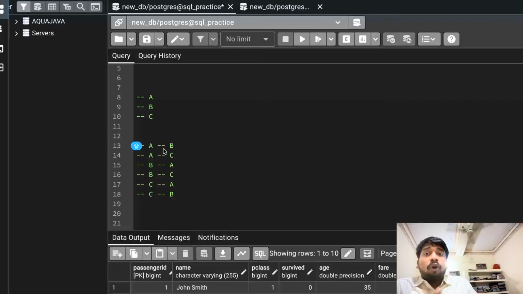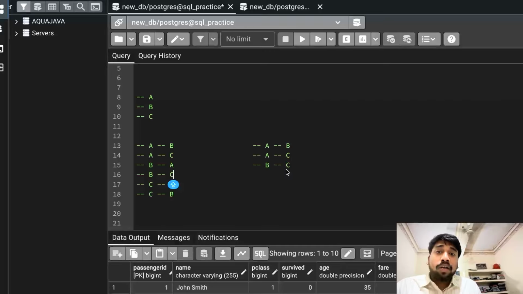If there were ordered pairs, it would be like A will be joined with B, and A will be joined with C. Now, when B is joined, B won't be joined with A, because if B is joined with A, it won't be an ordered pair. For that, we have to join B with C. And C won't be joined with anyone because with C we have already made pairs with A and B. So this is the concept of unordered pairs and ordered pairs.